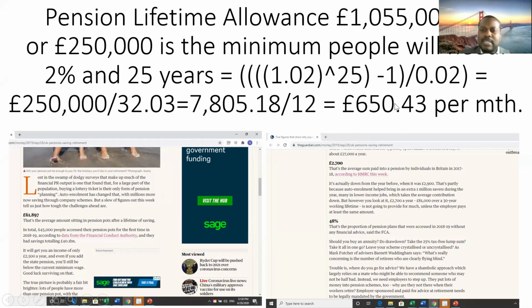So we get 650.43. So you're able to see that you need to put aside about £650 in order for you to have a pension pot size of 250,000 if you only have 25 years to do so.